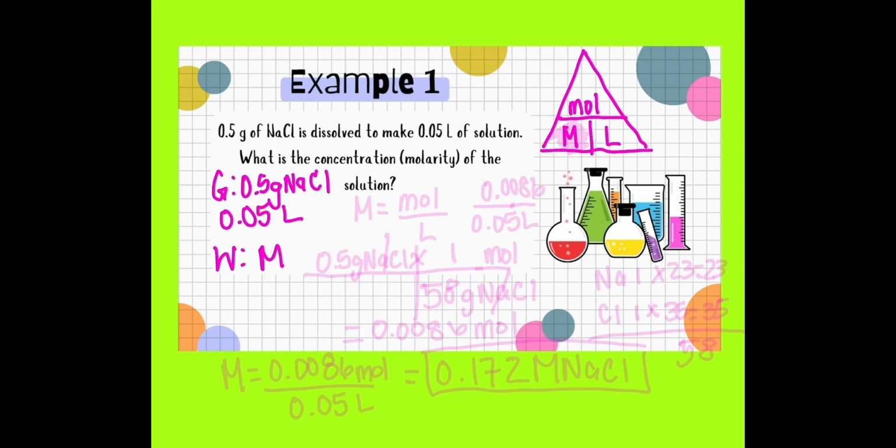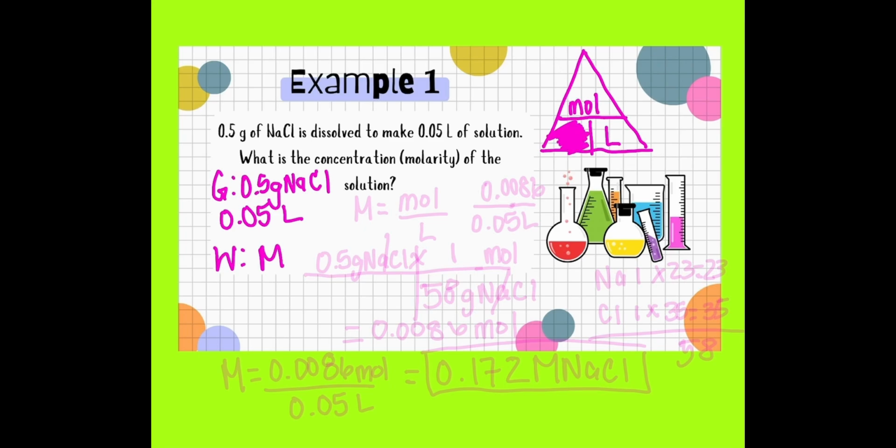Now that we have our given and our want, we want to identify what formula I want to use in order to find what I'm looking for. So I see that I want molarity. So I want to come back over here to my triangle, and I want to cover up molarity, since molarity is what I'm looking for.